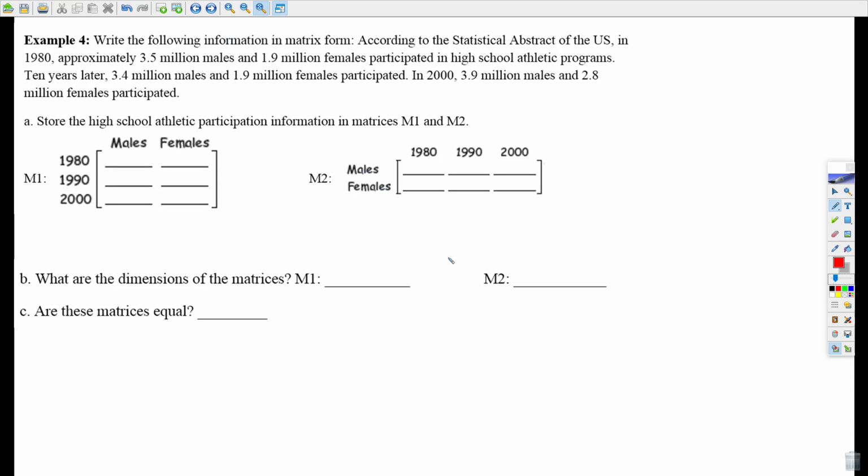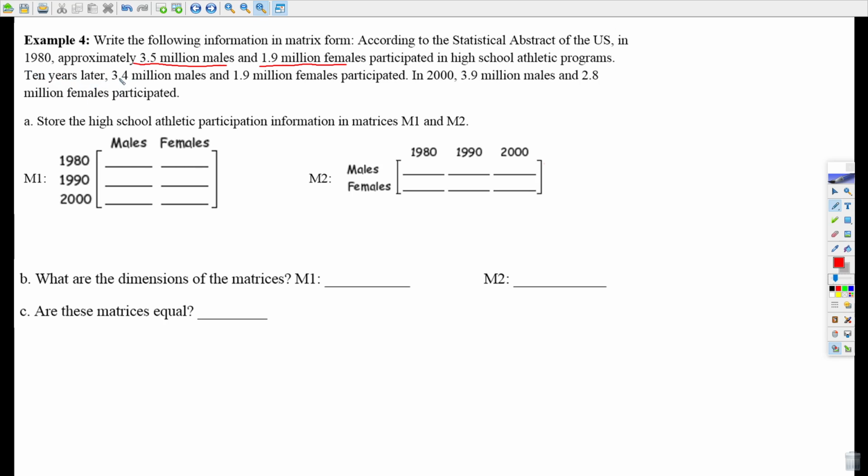Okay, so now we're going to fill in a matrix that's already set up for us in example 4. Write the following information in matrix form. According to the Statistical Abstract of the U.S., in 1980, approximately 3.5 million males and 1.9 million females participated in high school athletic programs.